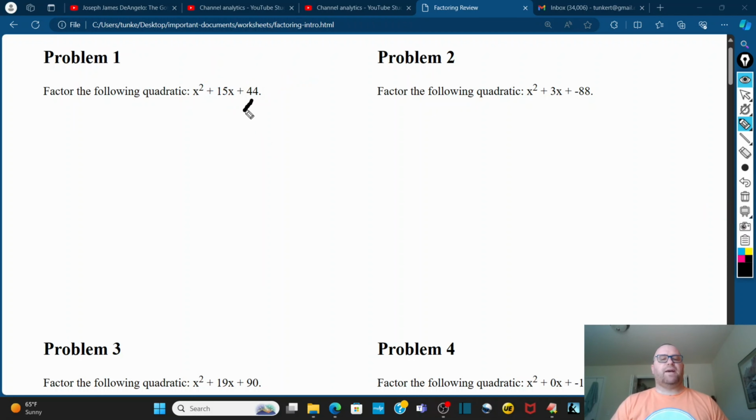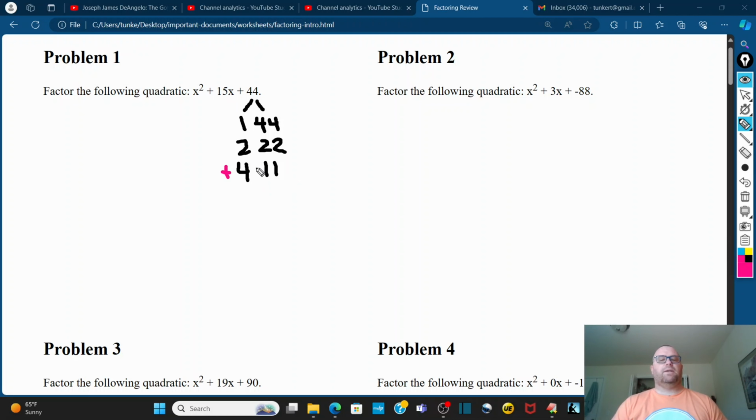So let's list the factors of 44. The factors of 44 are 1 and 44. Well, that adds to 45, which is much more than 15. 2 and 22 adds to 24. We're getting a little bit closer. 4 and 11, and I like 4 and 11 because 4 plus 11 is 15, and these are both positive.